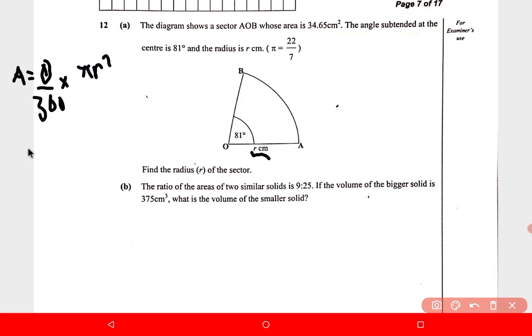So the angle is the theta there, which is 81. It is 81 over 360 multiplied by 2 times 22 over 7 times r squared, which is your pi. So for this one, you now start to reduce it in its lowest terms.